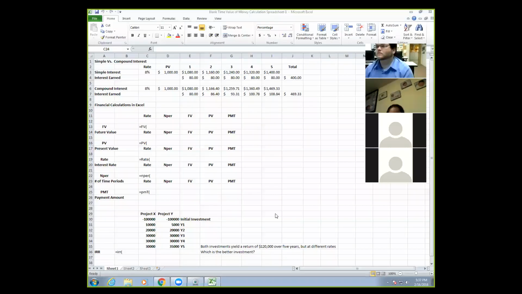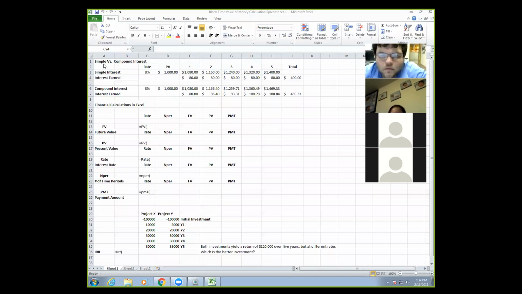Let me just show you on that spreadsheet that I had you open up there. Right at the top, it has a section called simple versus compound interest. You can think about these like a savings account.